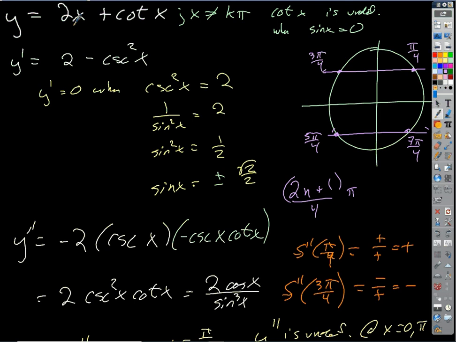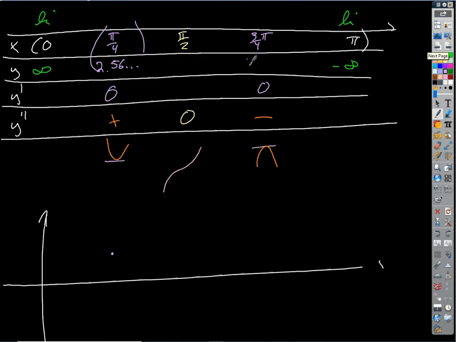Is that going to be like 4.7-ish? Didn't I subtract it? Oh, no, it should be 3.71, right? So it's going to be just a little bit higher, so up here somewhere. And that's probably all we need.